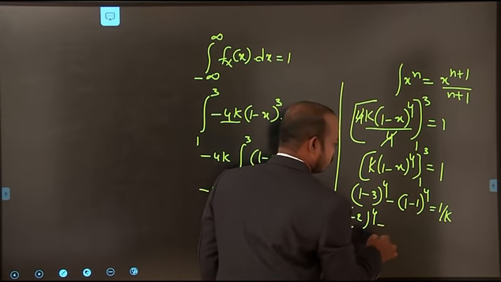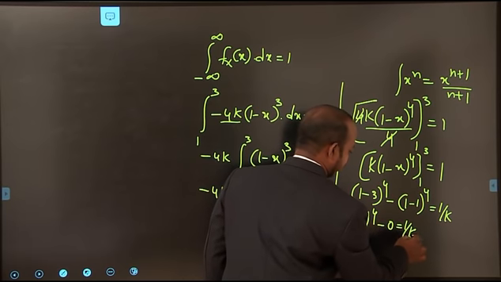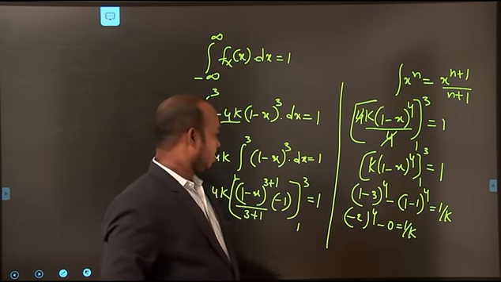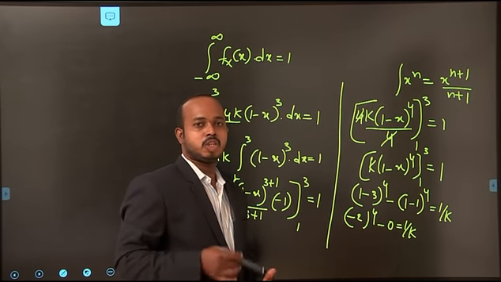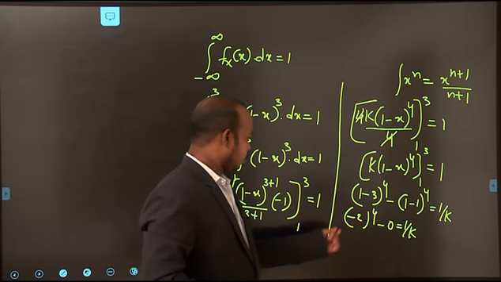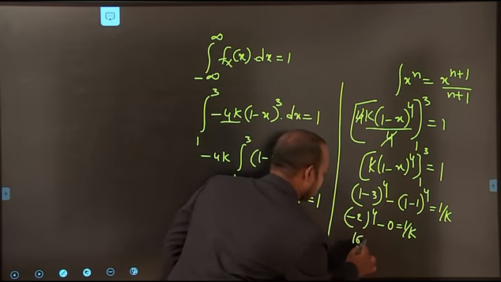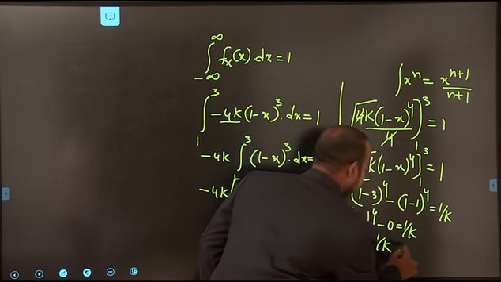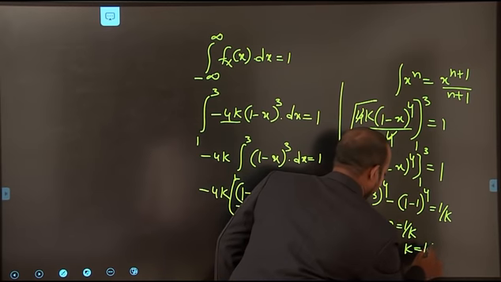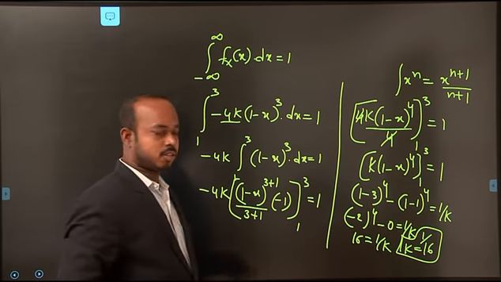Here minus 1 plus 1 are cancelled, the quantity is 0, so it is 1 by k. Since the power is 4, the minus changes into positive. Then 2 power 4 is 16, so 16 is equal to 1 by k. From this, the k value is 1 by 16.